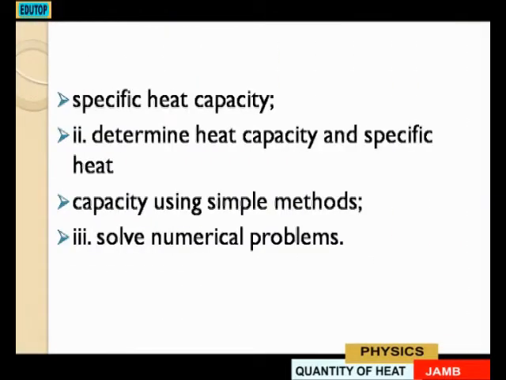At the same time, the candidate should be able to determine heat capacity and specific heat capacity, and use them to solve some numerical problems. And that is what we want to consider under this topic.